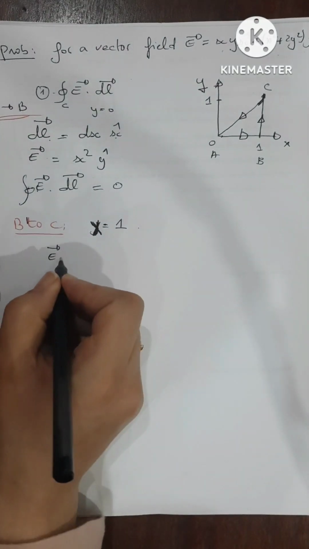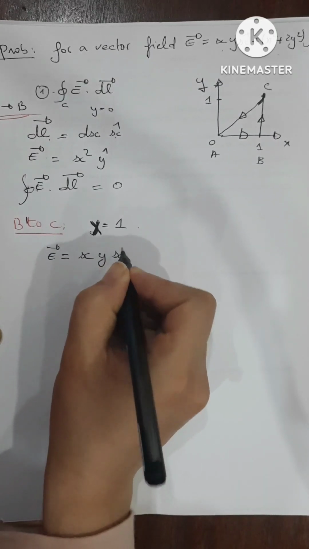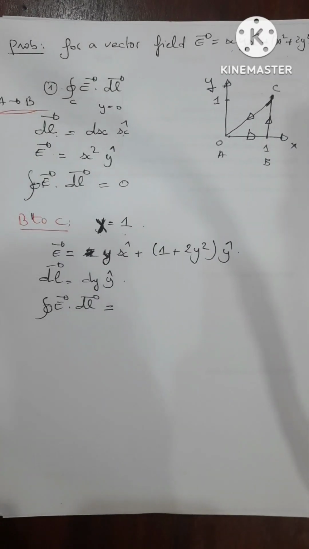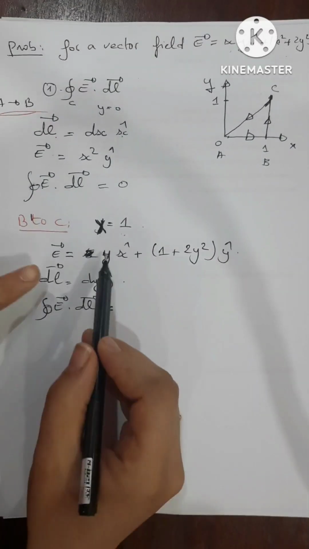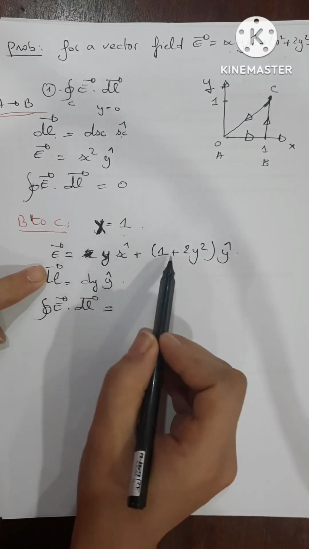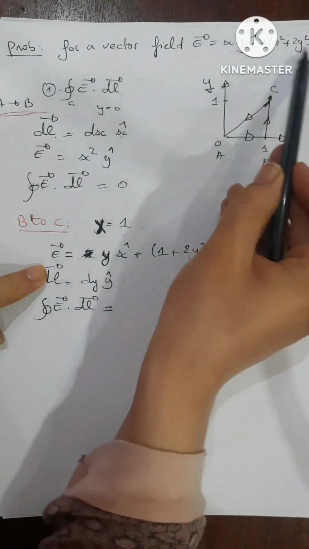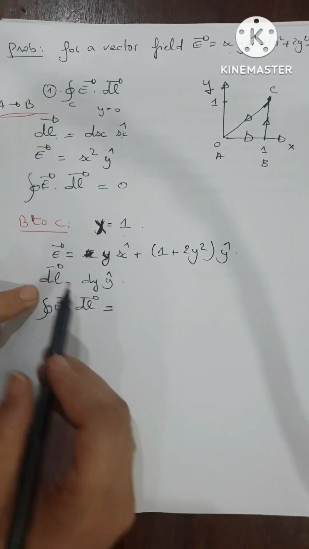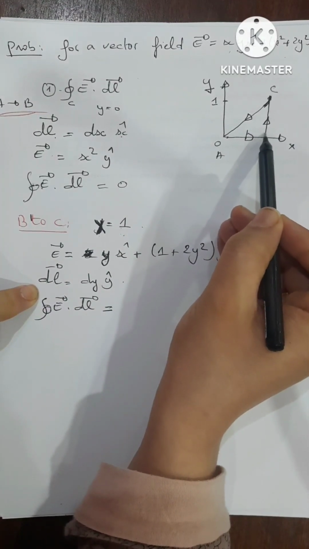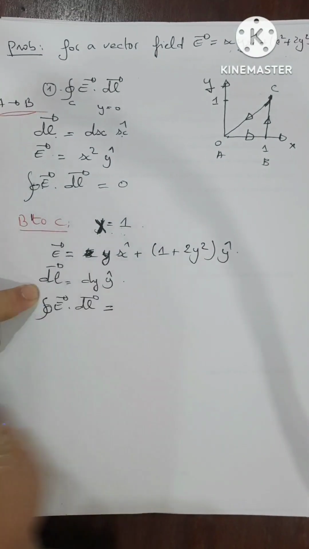So E equals xy in the direction of x, so y in the direction of x, because x equals 1, plus 1 plus 2y squared in the direction of y. So we put x equals 1 in the first equation. Now dl in this case is dy in the direction of y, because x is constant, so dx is 0.